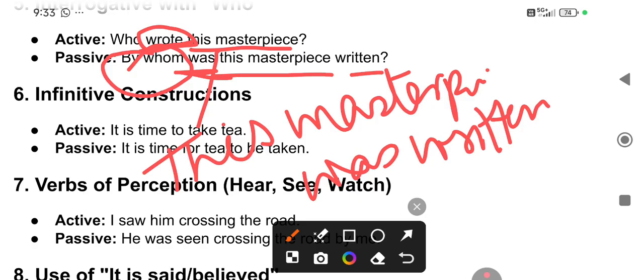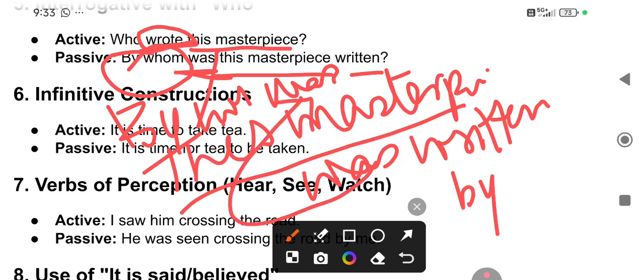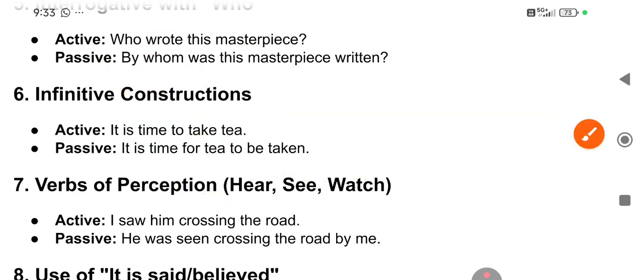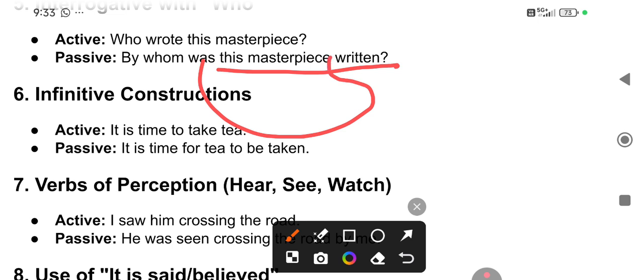Written by whom, so that by whom was. By whom was this masterpiece, this was will come after by whom, written. So by whom was this masterpiece written. Remember this way: this masterpiece was written.